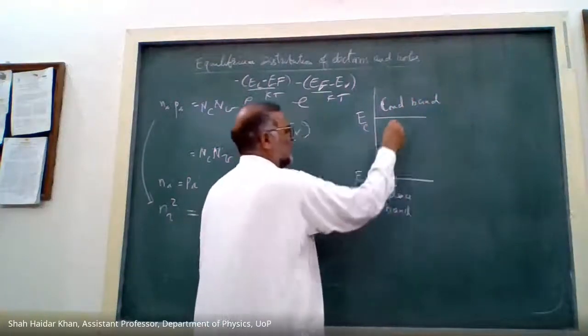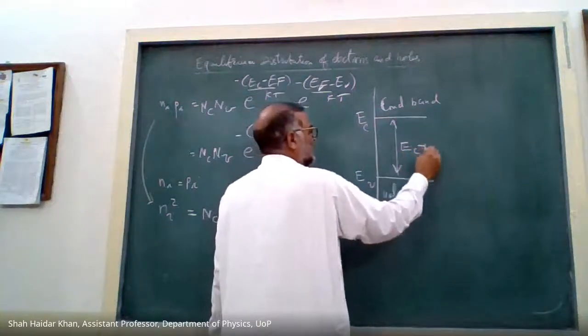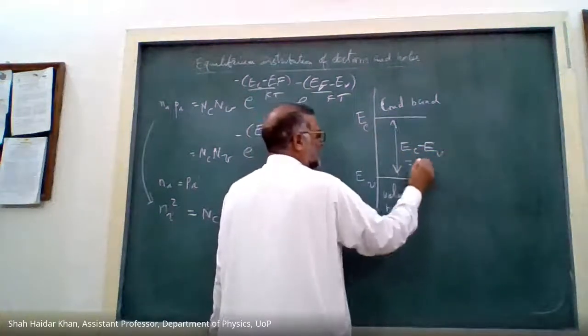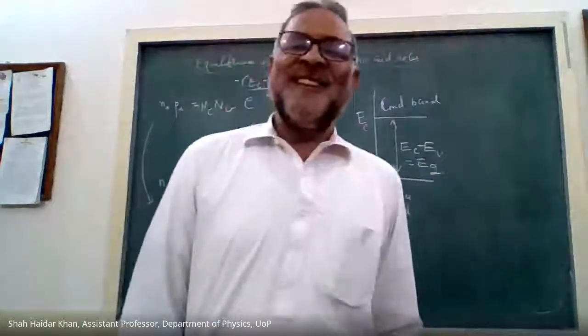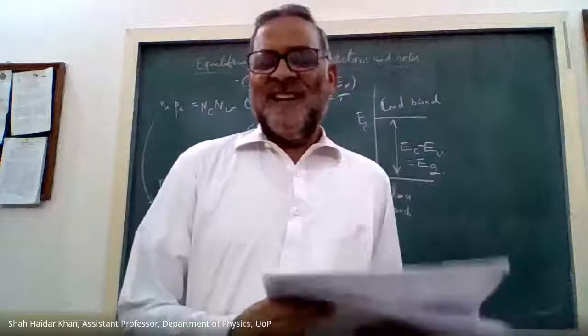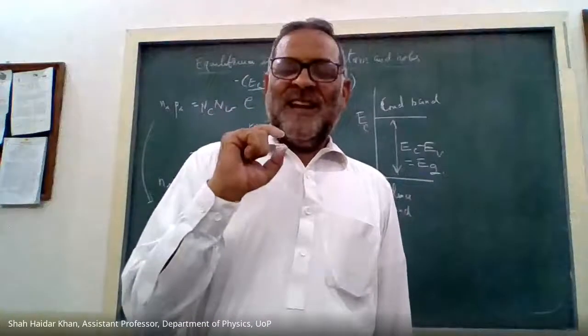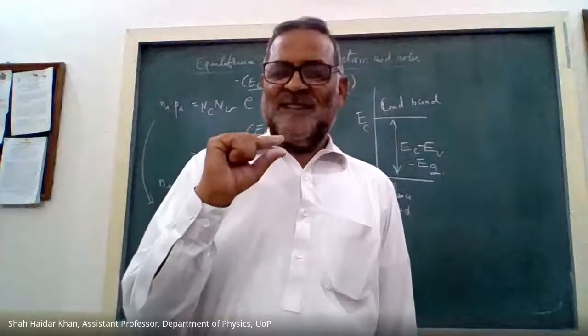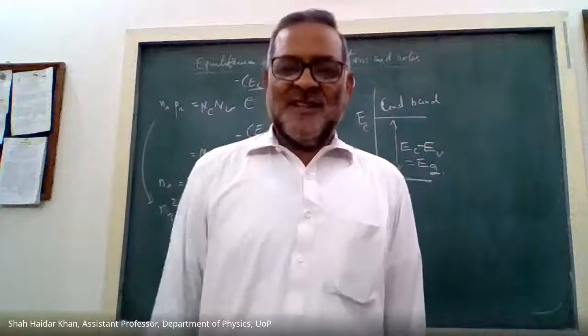So the bottom of this and that, what is it? That is EC minus EV, and that is equal to band gap energy. How much energy is the gap? If you go from the valence band to the conduction band, how much energy do you need?